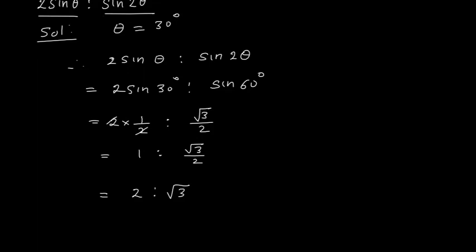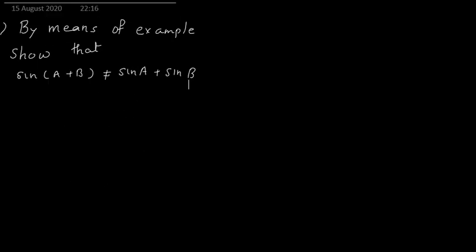Okay. Fine. Next question. By means of example, show that sin a plus b is not equal to sin a plus sin b. So simple question. This is your 9th question.